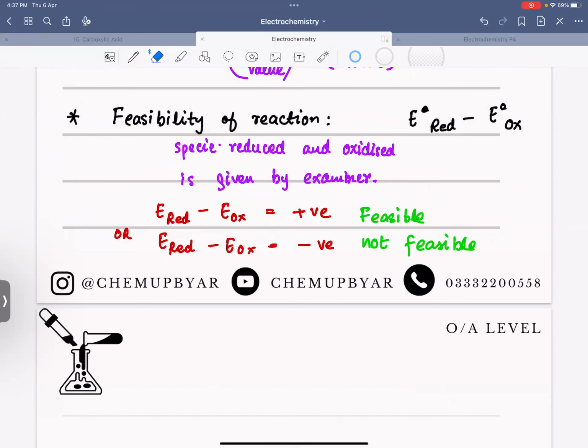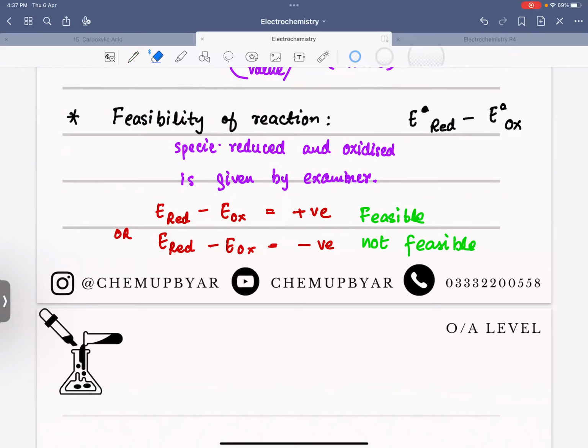It can be feasible or it cannot be. But if I get a positive value greater than 0.3 in standard conditions, then I can assure that this reaction is also feasible in non-standard conditions. Is this point clear? Yes, everyone, is this point clear?